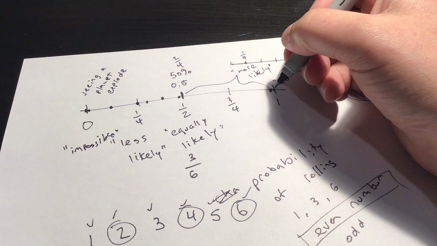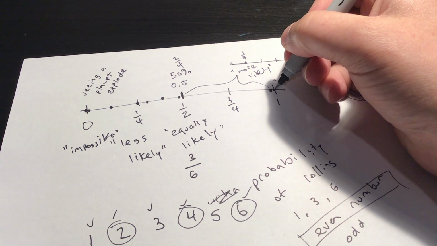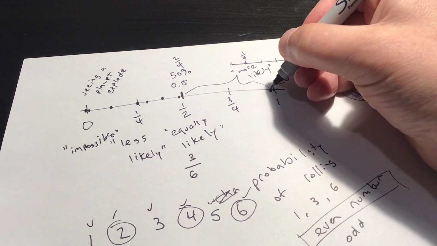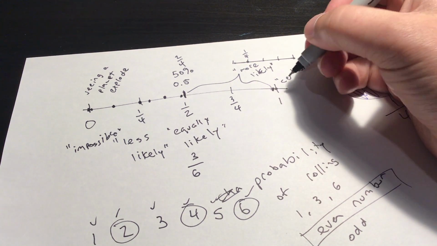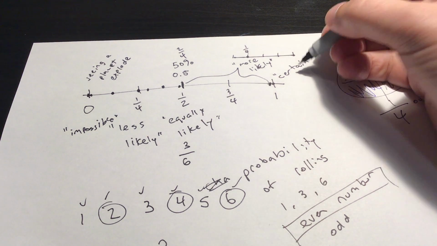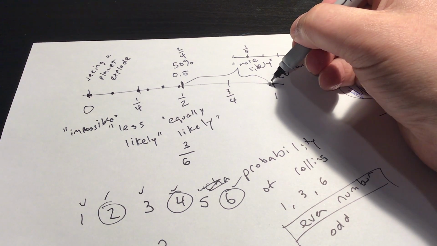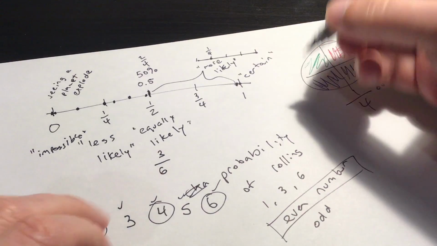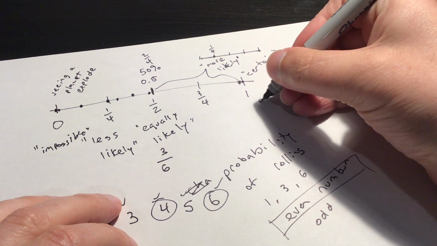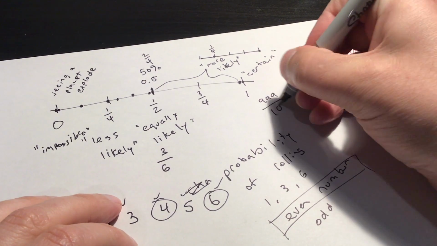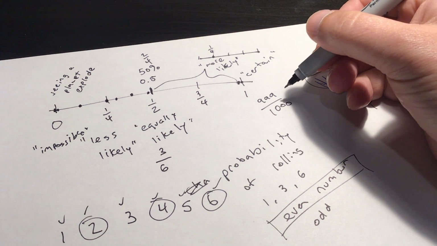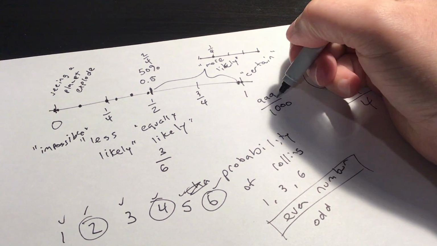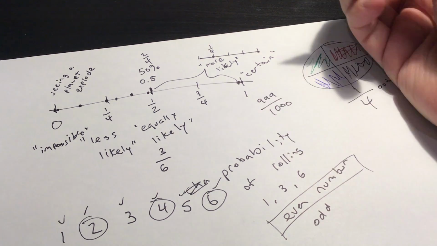I might see 20 birds or 50 birds or at least 10 birds, but it's possible I might see no birds. It's not certain I will see a bird, but it's very, very much more likely. I would maybe give that a fraction like 999 out of 1,000 times that I go on a half an hour walk on a nature trail, I see at least one bird. It's almost certain, but it could happen that I don't.